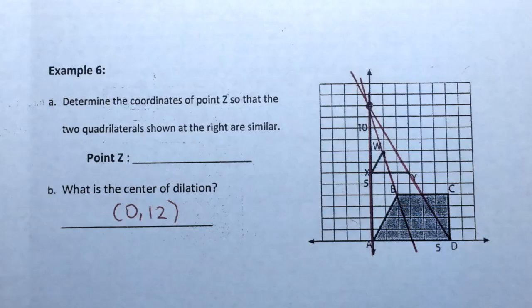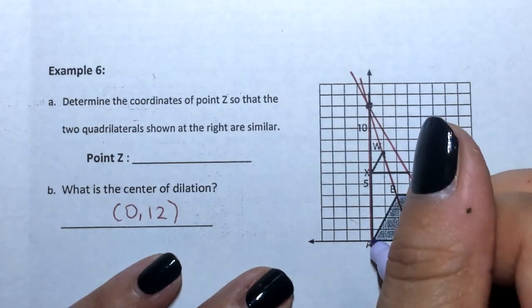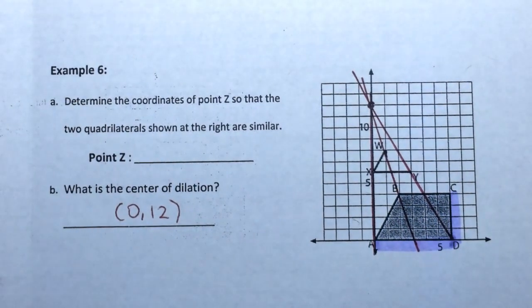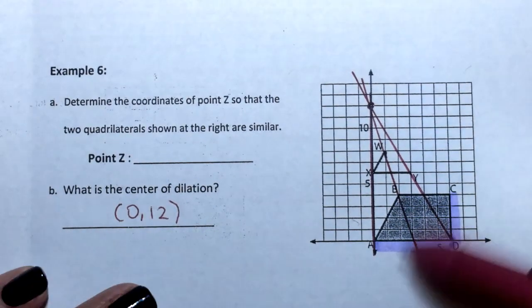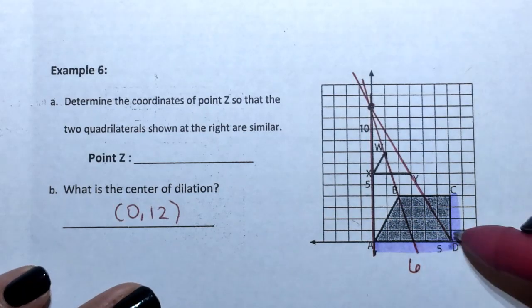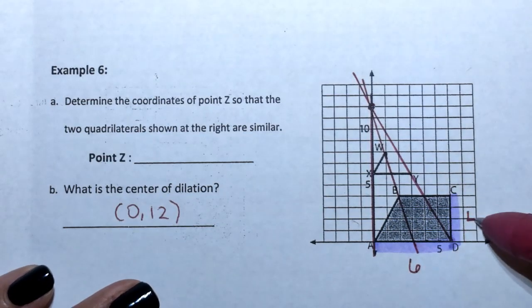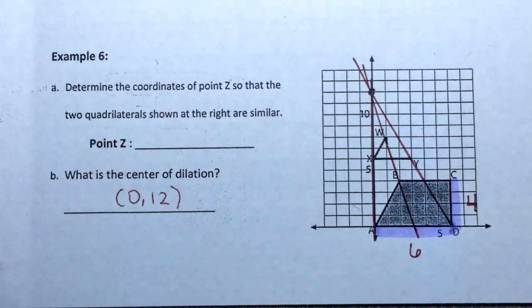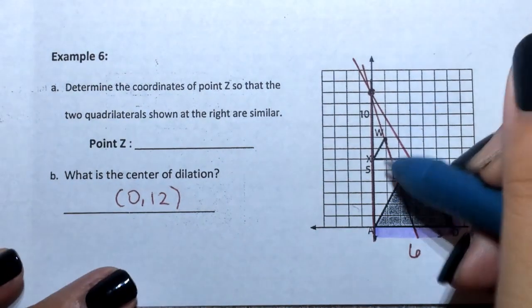How do I find this missing part here? Find the proportion. This right here. I always like to go to the horizontal and vertical lines. Those are the easier ones. This goes 1, 2, 3, 4, 5, 6. 1, 2, 3, 4. This one goes 1, 2, 3.